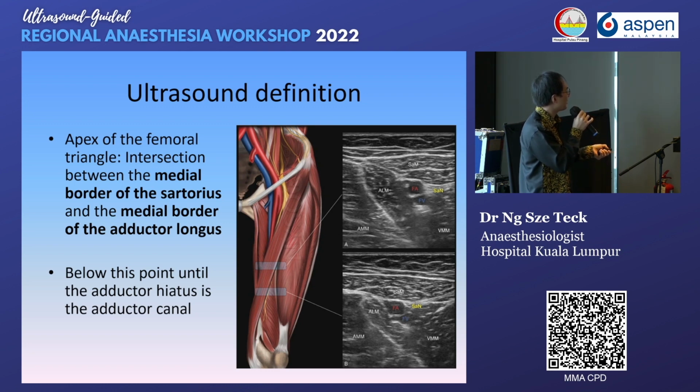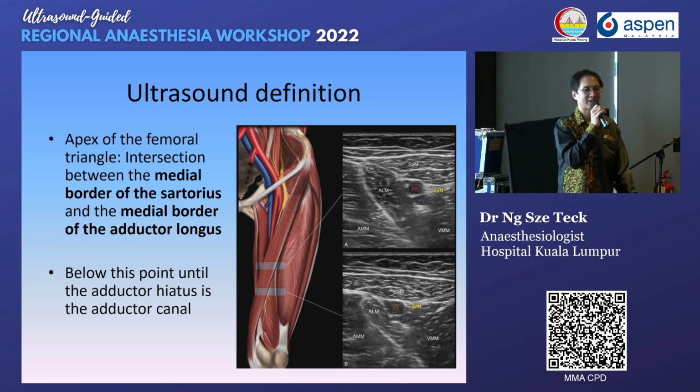You see sartorius coming from lateral to medial, adductor longus from medial to lateral. If the medial border of the sartorius muscle meets the medial border of the adductor longus, that is the tip of your femoral triangle.